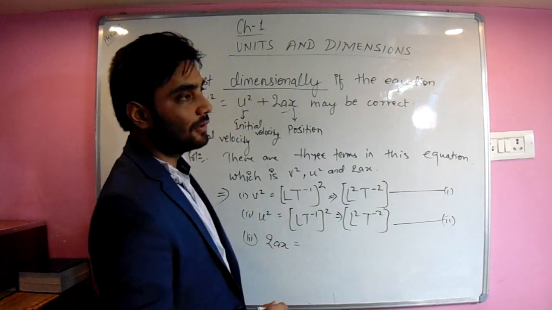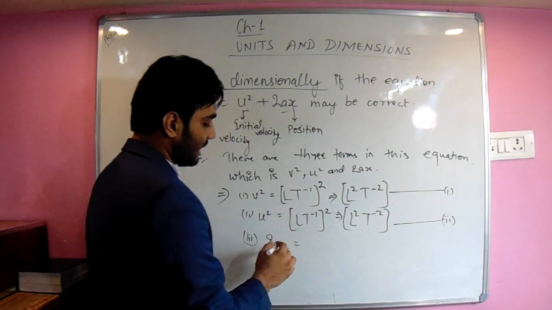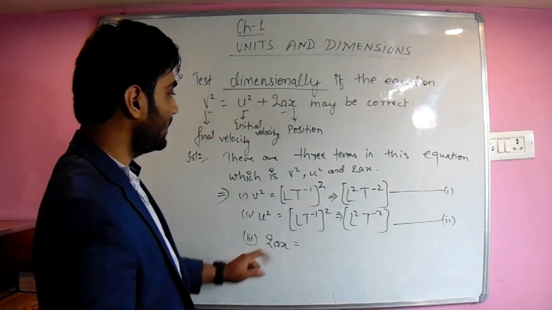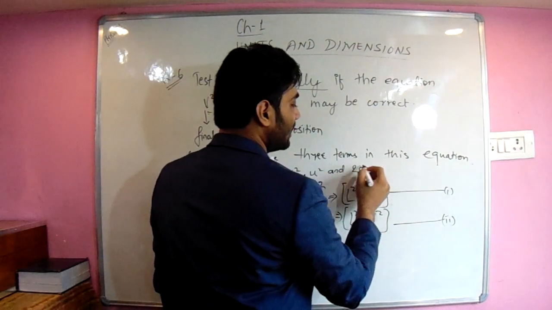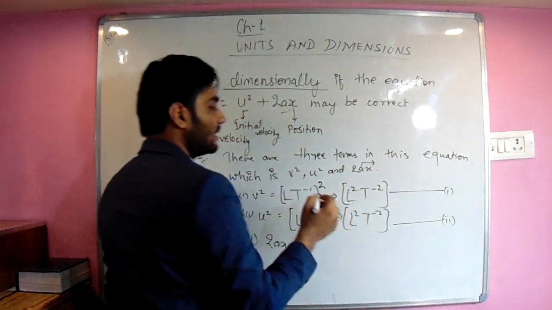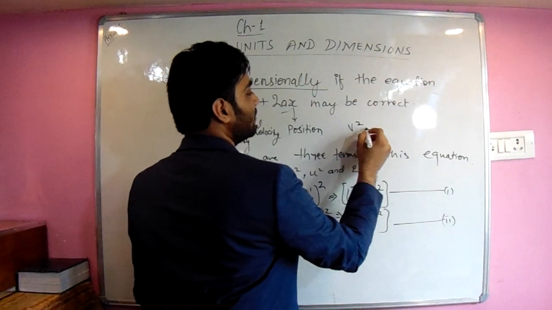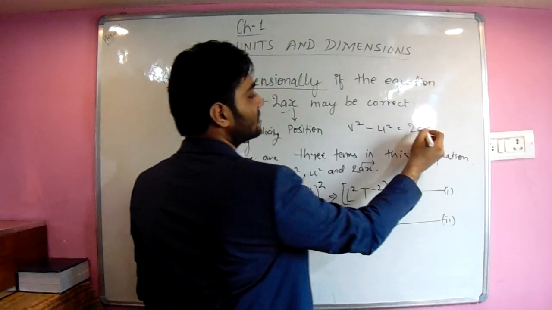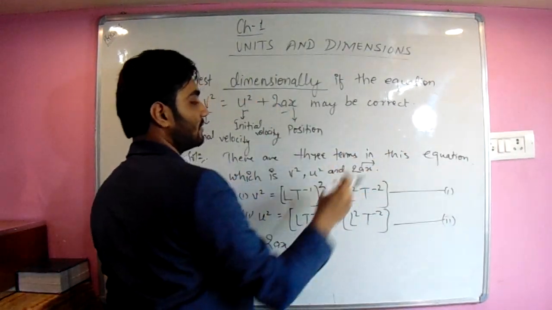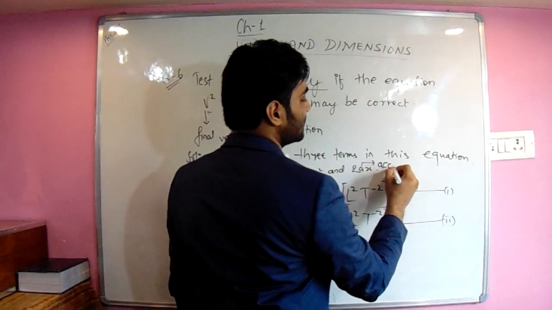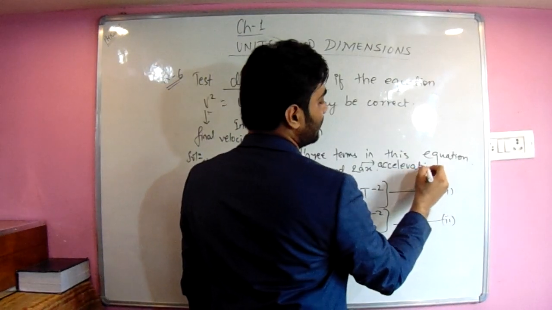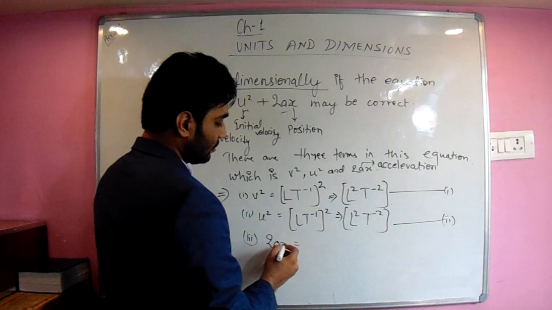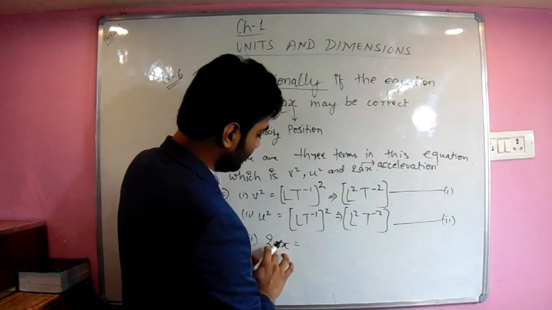Now finally we find the dimension of 2ax. What is a in this equation? If you know v square minus u square is equal to 2as, that is s, not x, in this equation. So a is uniform acceleration, and x is the position.